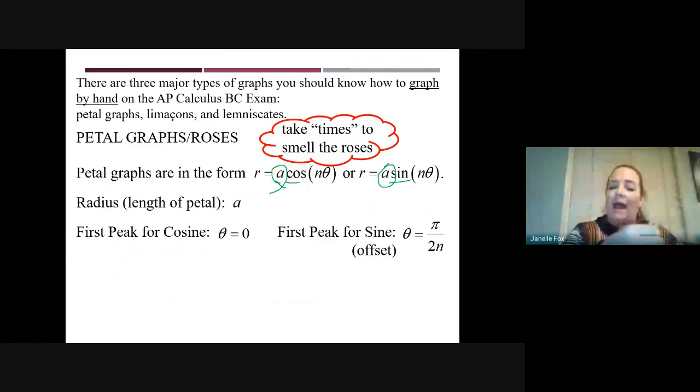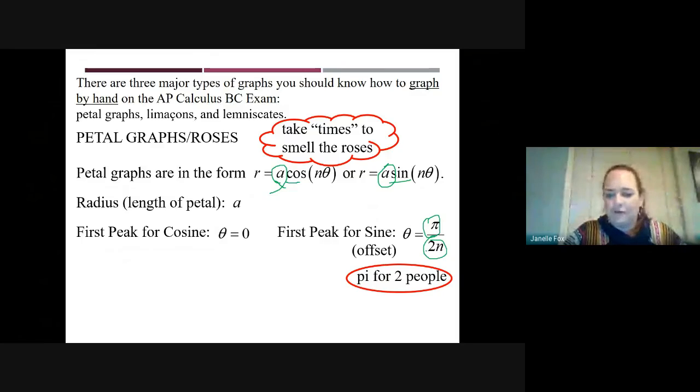You take pi and divide it by 2 times whatever n is. I always like to have little fun ways to remember it, because this is a lot of really ticky-tack information. If I can remember this one, I say to myself that you're going to have pi for 2 people. So pi for 2 people. Nice way to remember it.